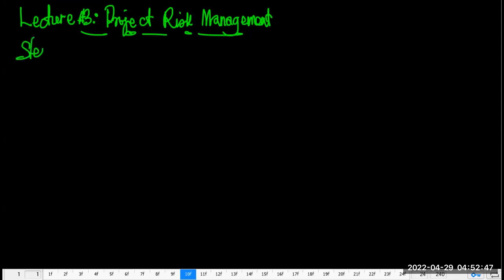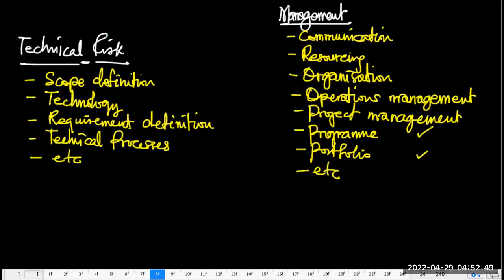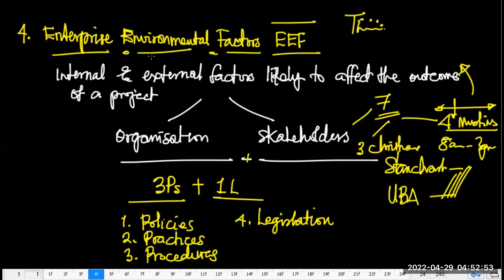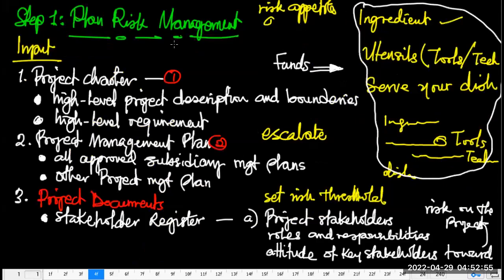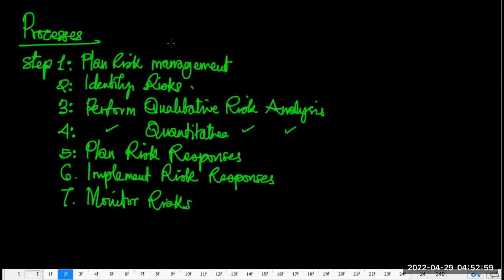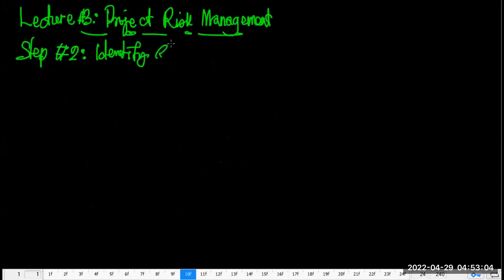So we're looking at how far we can go, but we're going to consider the second step. So we're going to discuss identify risk. Just as we did for the first step, here we're also going to indicate the inputs.